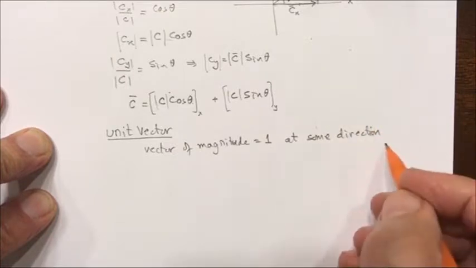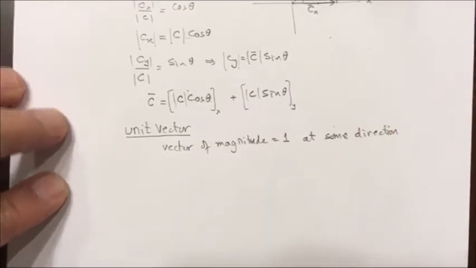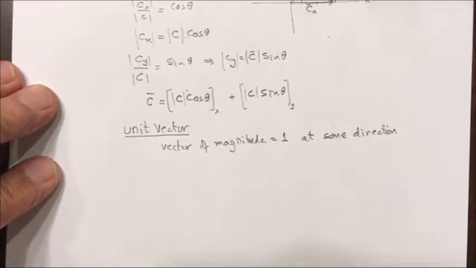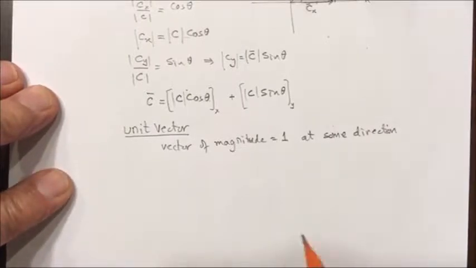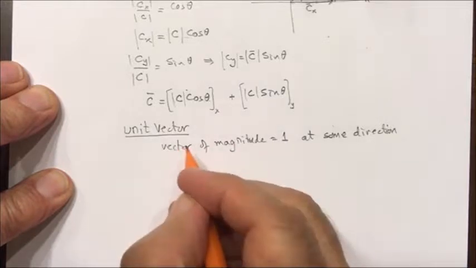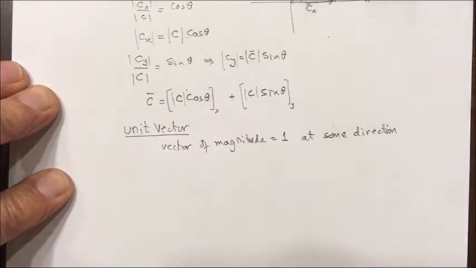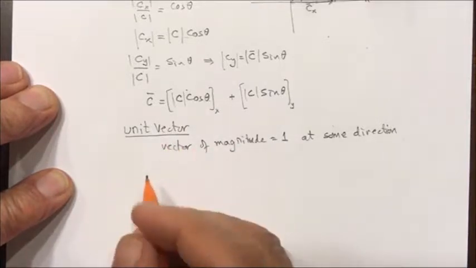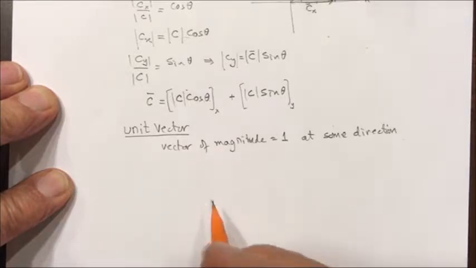Whatever the direction is, that is the direction of the unit vector. Now, you could have a unit vector in any possible direction, but again there are three very useful unit vectors, and they are those which are in the x, y, and z directions.